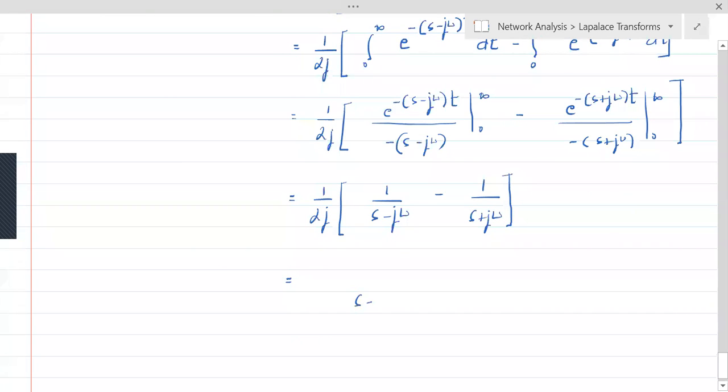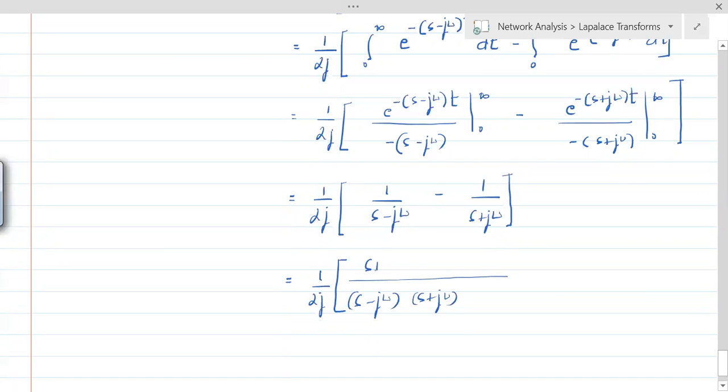We can take that as s minus j omega times s plus j omega. Don't forget to have this 1 by 2j outside. So it would be s plus j omega minus s minus of minus j omega. So this is how things are going to look.